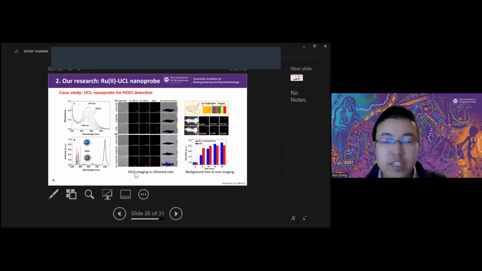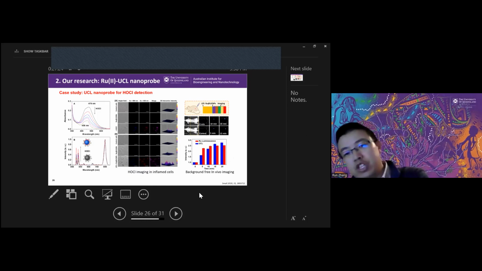In the inflammatory cells, the upconversion signal and the signal from the dye channel show much stronger luminescence than the control group. We also use these probes for detecting hypochlorous acid production in inflammatory tissues.